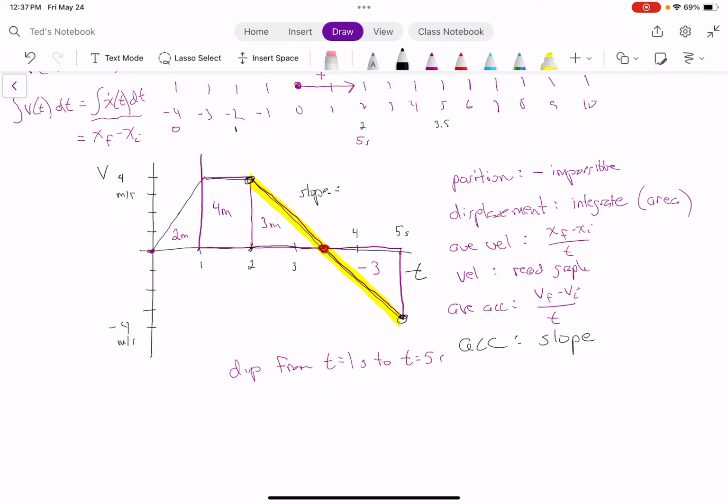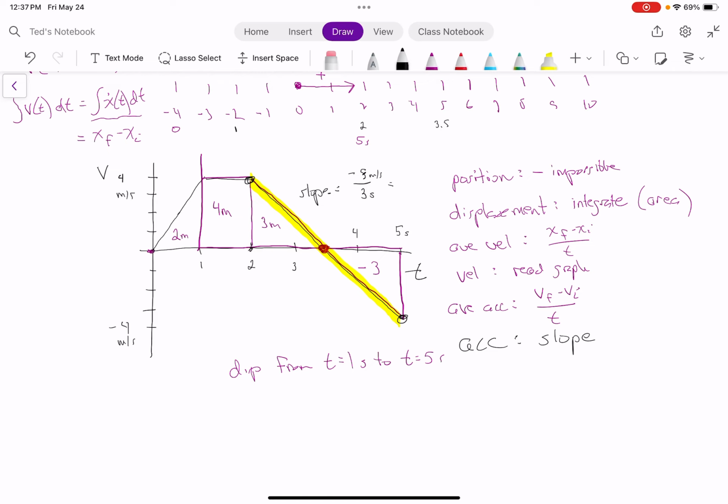So the rise here is -8 because it goes from +4 to -4, and the run is 3 seconds. So the acceleration would be -8 over 3, which is -2.666 meters per second squared.